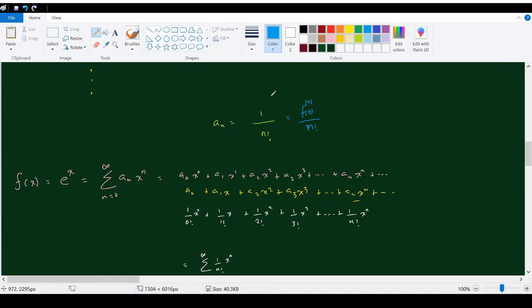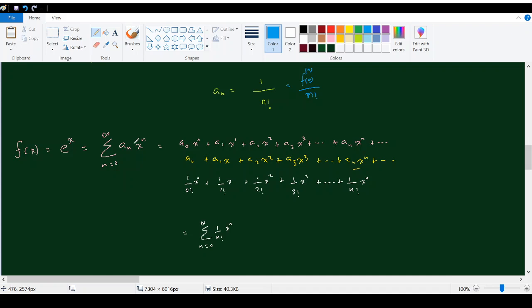So even just by looking at this formula, you can write down the corresponding coefficient values. So if you do that, then you can see our power series will take this format. So what we have done is, we have obtained a power series expansion for this function centered at 0, right?